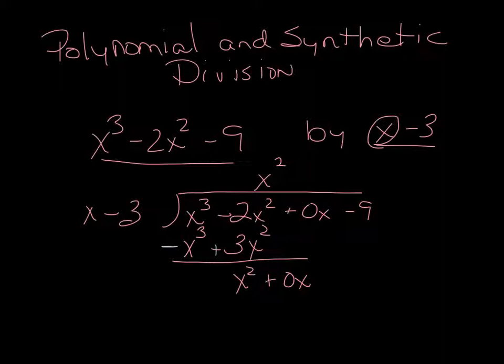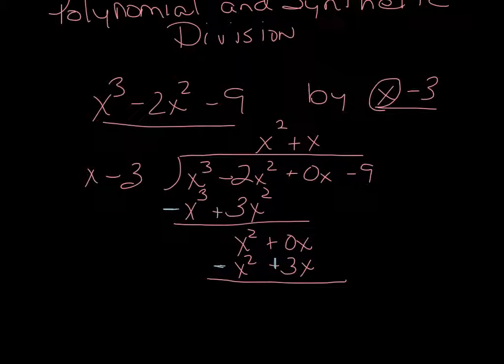X goes into x squared x times. Multiply: x squared minus 3x. Again, we are subtracting, so I'm going to change the signs. And when we apply that operation, we get 3x minus 9. So x goes into 3x 3 times. And this one divides out evenly.